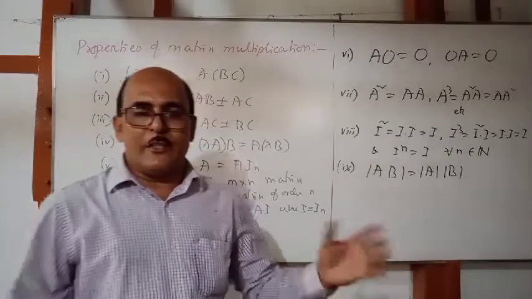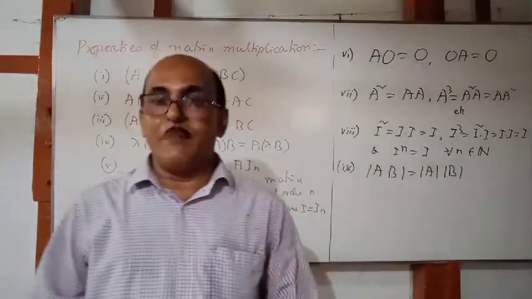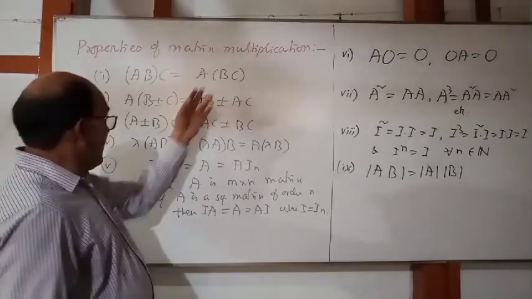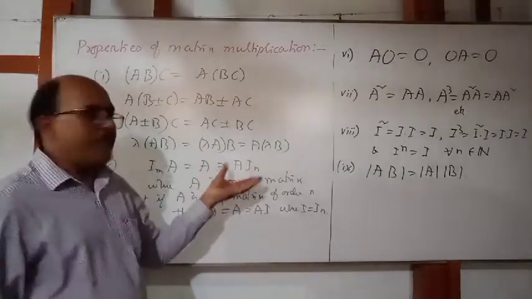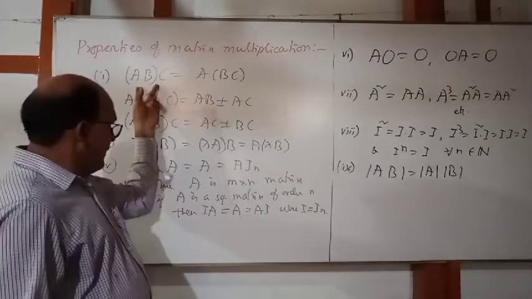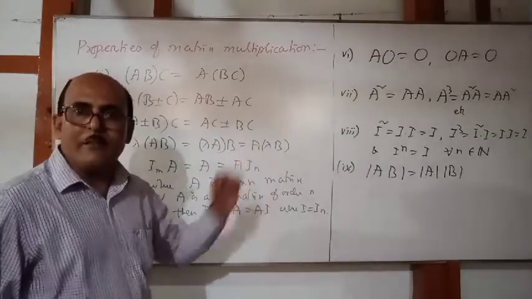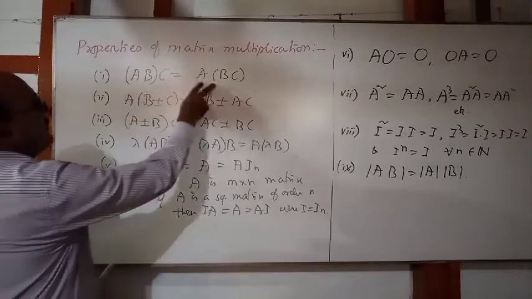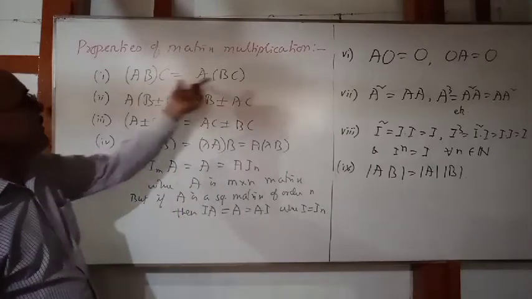In the addition property we had written A, B, C are all of the same size. Here A, B, C should be of suitable size so that the following operations, meaning BC, AB, etc., are defined.